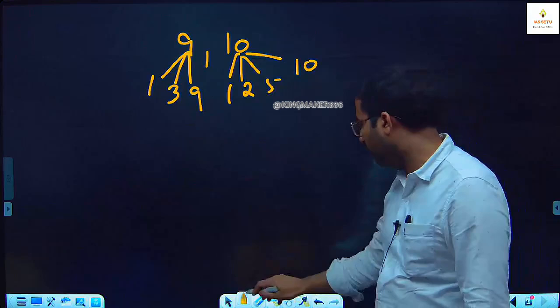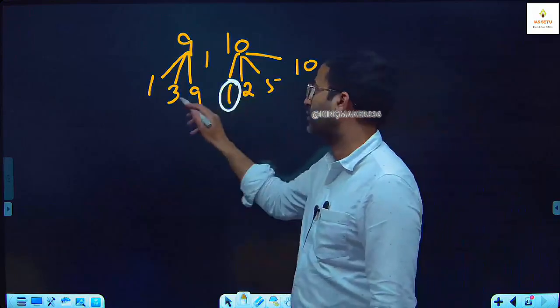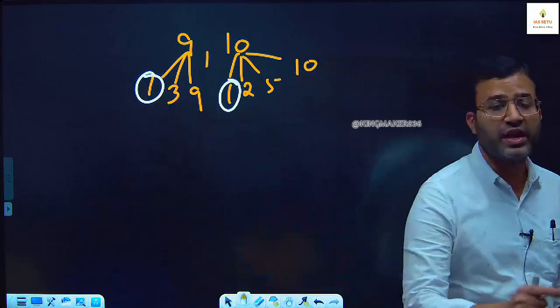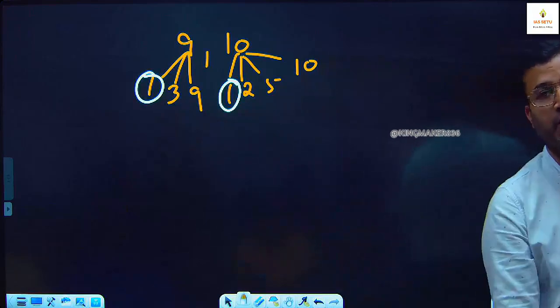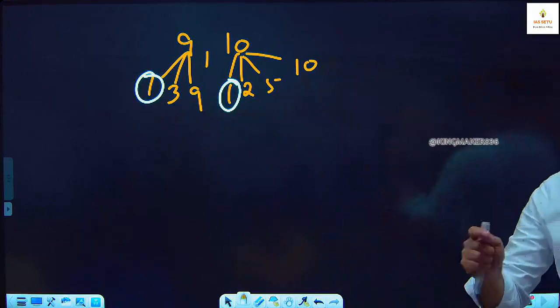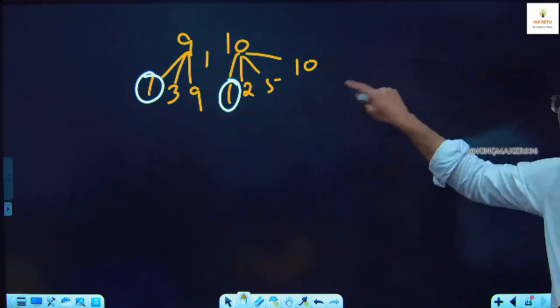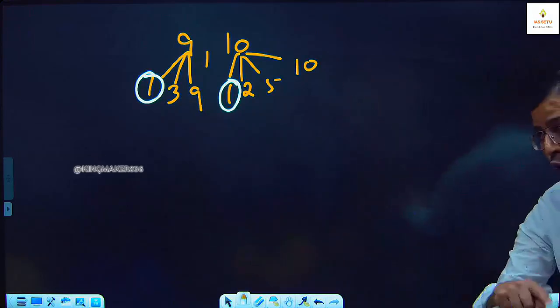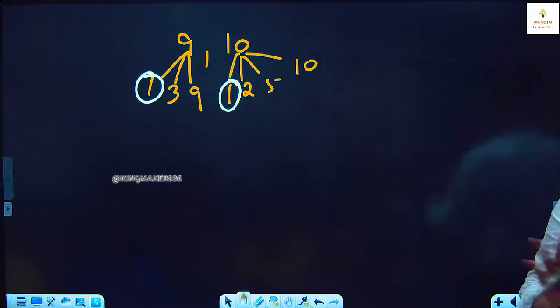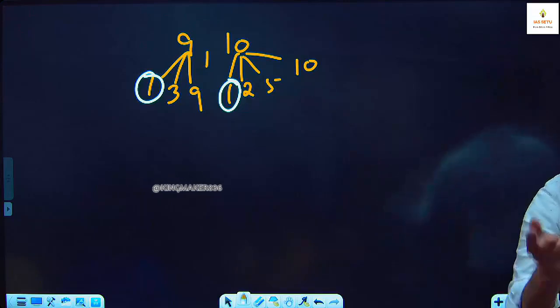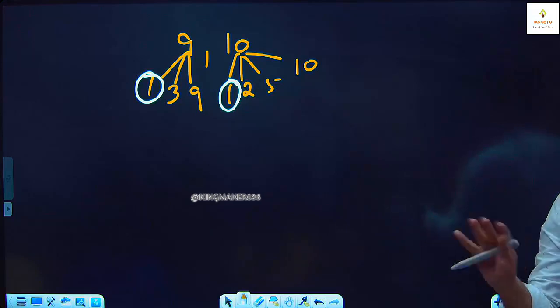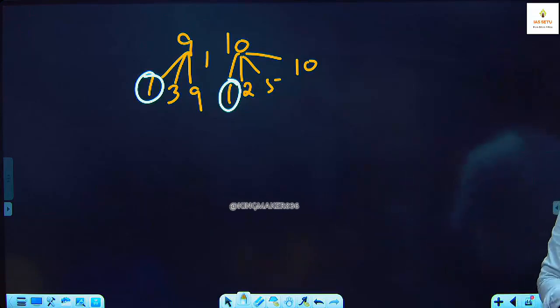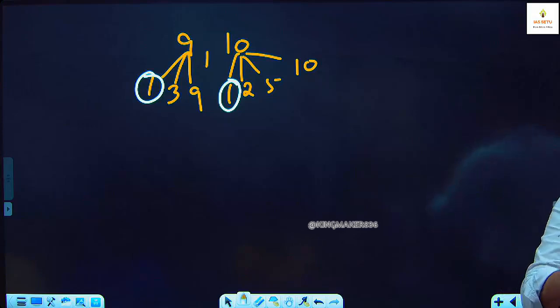Common factor? Only one. Since they have only one common relationship, only one common factor, they are co-prime to each other. They are not prime, but they are co-prime to each other. They are not friendly to the world, but they can be friendly to each other.